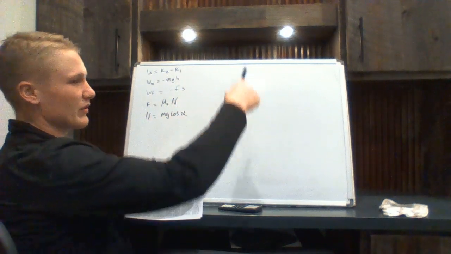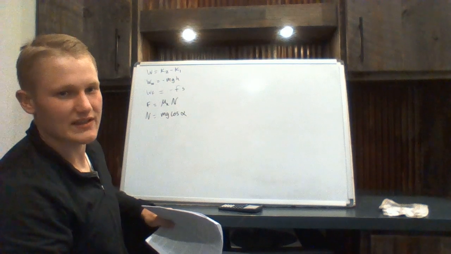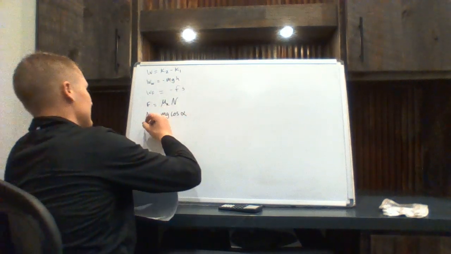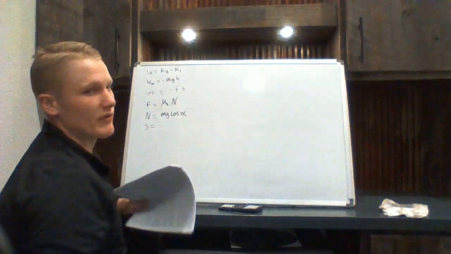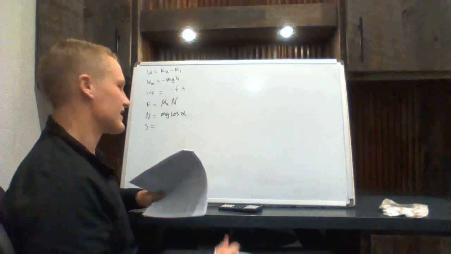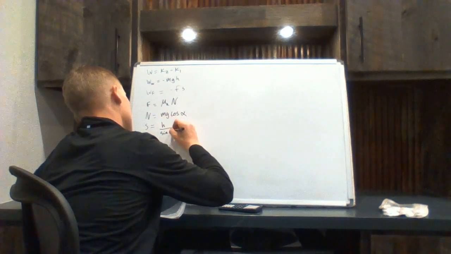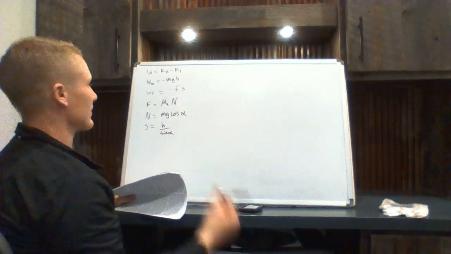So that's going back to the force coming down on that slope. So that's your N. And your S, back in this equation, can be written as h over sine alpha, which would be your distance going this way.